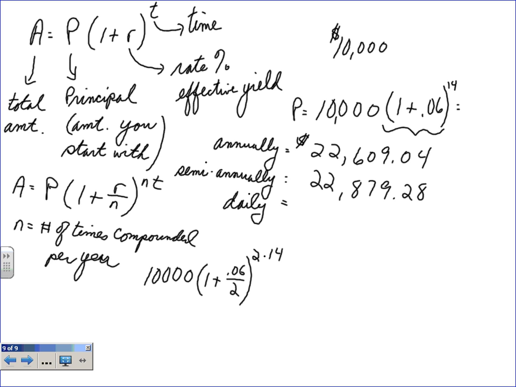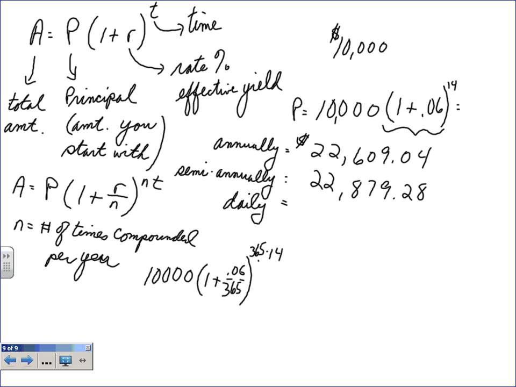Well, let's check out daily interest. Daily interest, what changes here? 365. And instead of 2 times 14, it's 365 times 14. Okay?